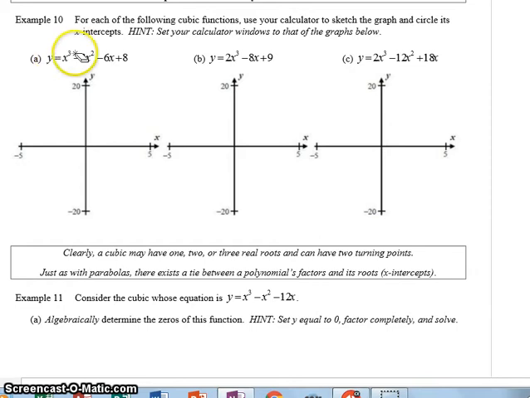So what I did was I put this on a graph page, and I find the maxes and the mins. So this one has a max of negative 0.7 and 10.4, and it has a minimum value of 2.73 and negative 10.4. Okay, it also has zeros at negative 2, 1, and 5.